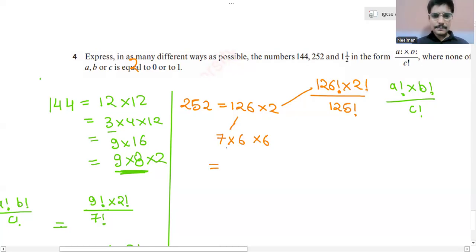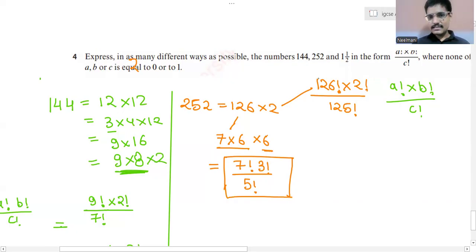So we can always apply this. 7 into 6 is nothing but 7 factorial upon 5 factorial, to compensate for the 6, right? 6 is nothing, you already know 6 is 3 factorial. So by using this, we got two of the answers. This can also be a possible answer for this, and this itself is also a possible answer, right? This is, of course, the easier one. And if you just factorize it more, you will get this one.